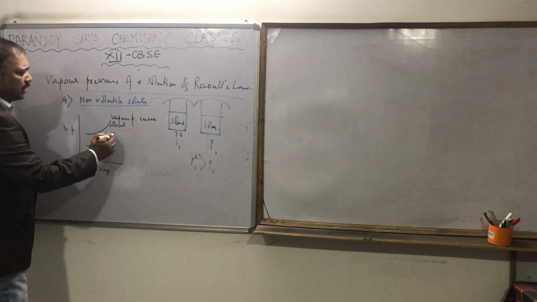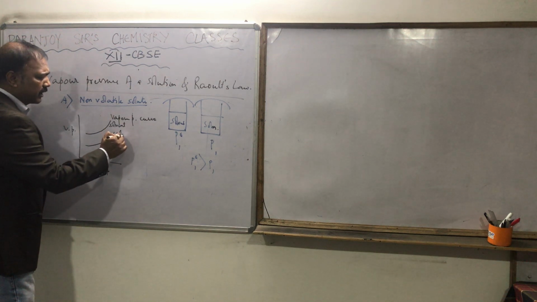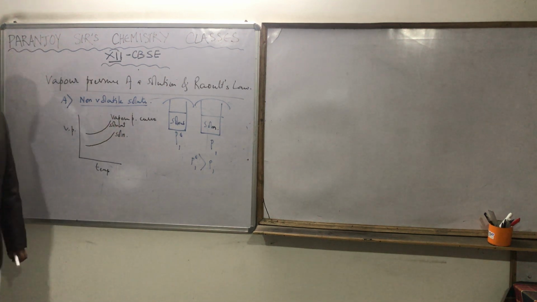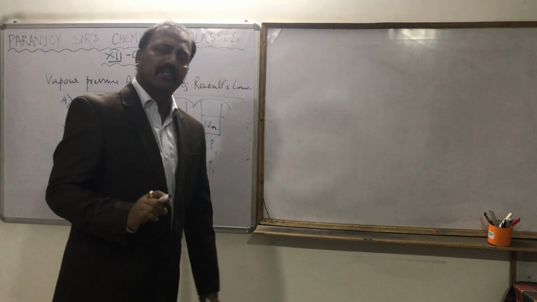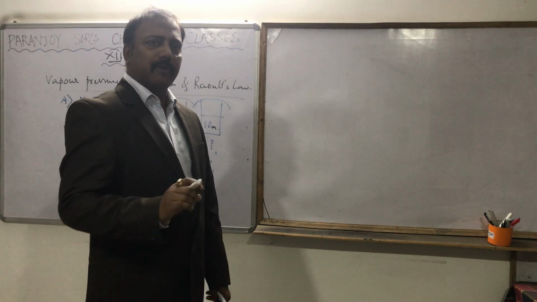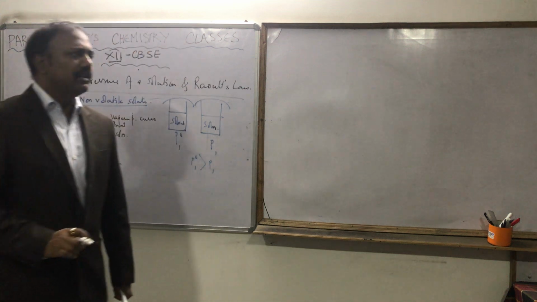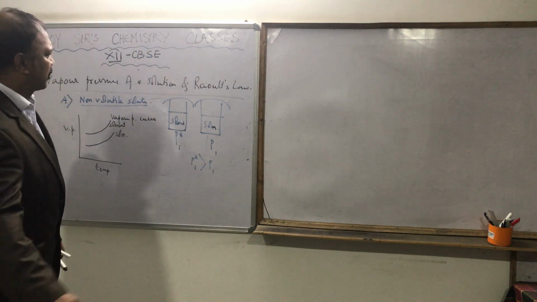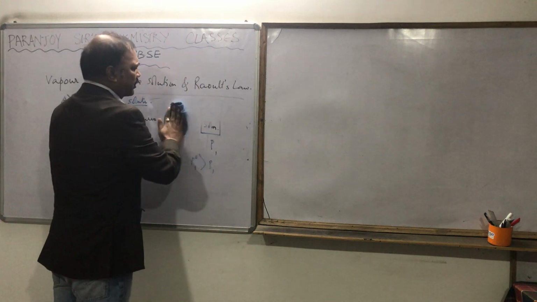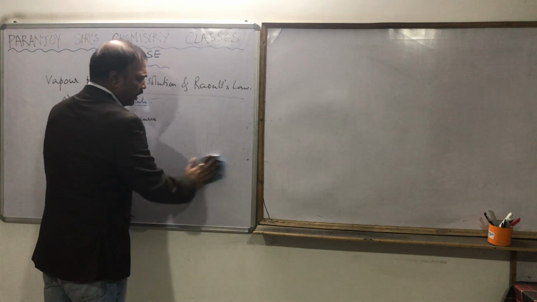So this particular curve is the curve for what? Is the curve for vapor pressure of the solution. This is the graphical representation of the vapor pressure of the solution as well as the vapor pressure of the pure solvent. Whenever we are talking of solution, we are talking of the solution of non-volatile solute.